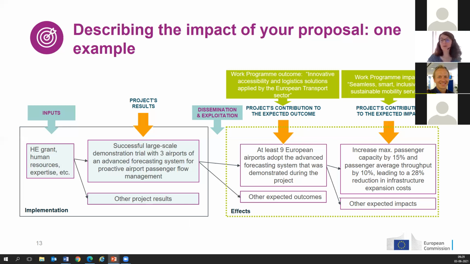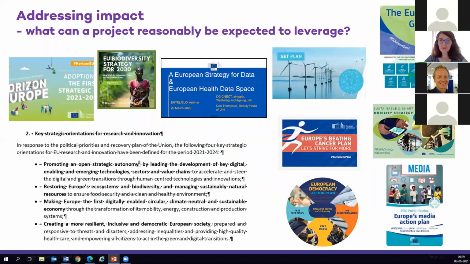And that would be what will happen if this system is more widely adopted by other airports. So this is an example of how to address a project pathway towards impact. Of course, it really depends on the nature and the objectives of your specific project. And we can go to the next slide, and I will give the floor back to you.